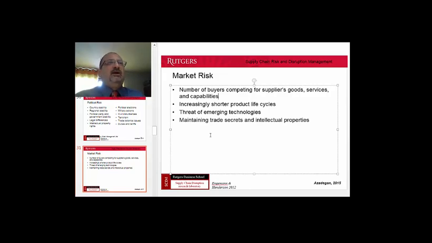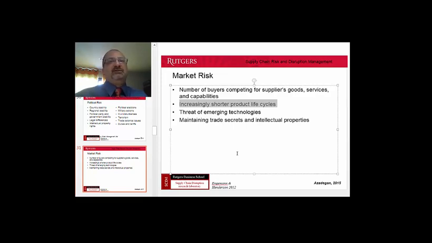Another market risk is the notion of shorter product life cycles that changes the mentality in terms of investment, realizing that instead of a 10-year turnaround, suppliers need to make their investment count and move on to the next thing in 3 years. And so that becomes another risk.